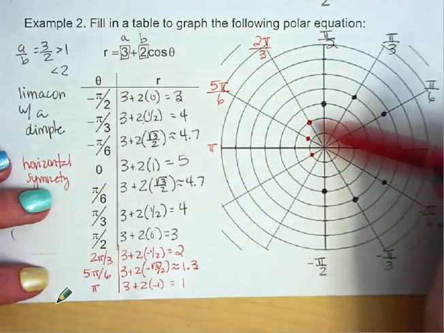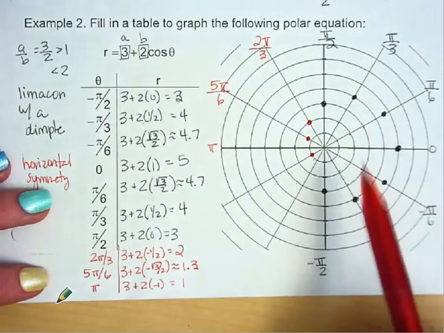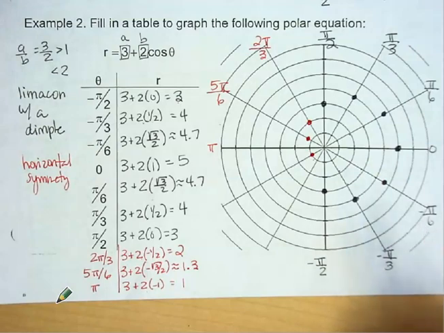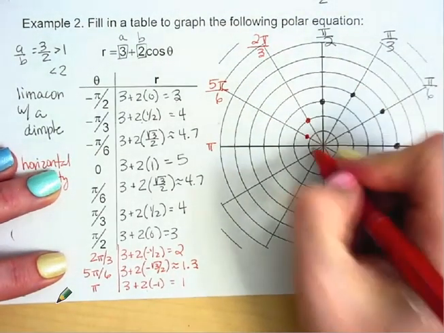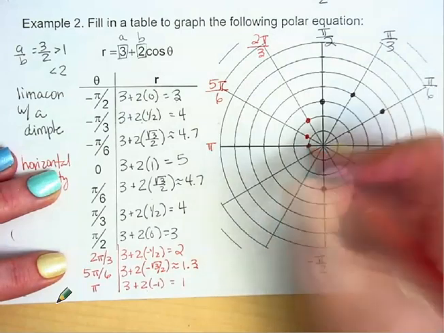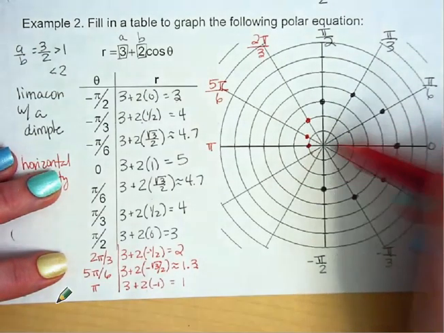And so now I'm just going to reflect these. Oh, whoops. I knew I had done something wrong. I'm just going to reflect these over that vertical axis.